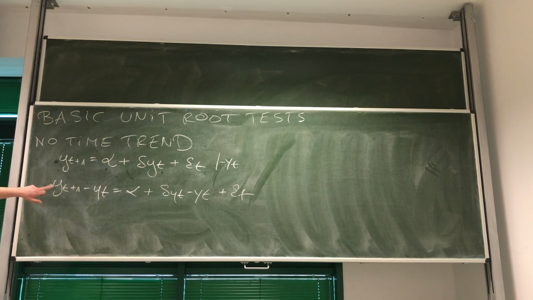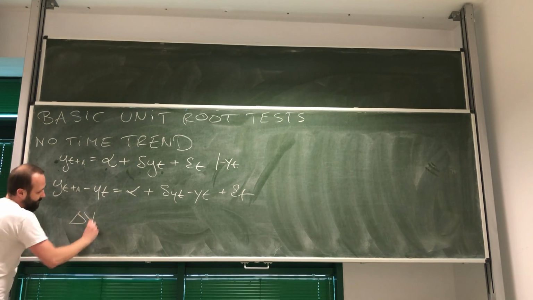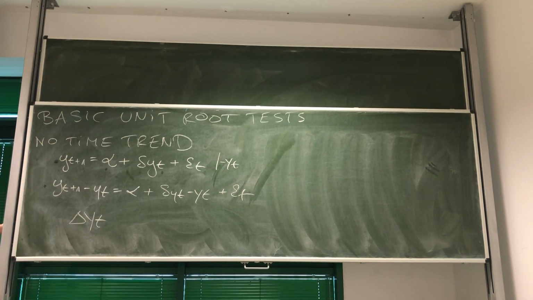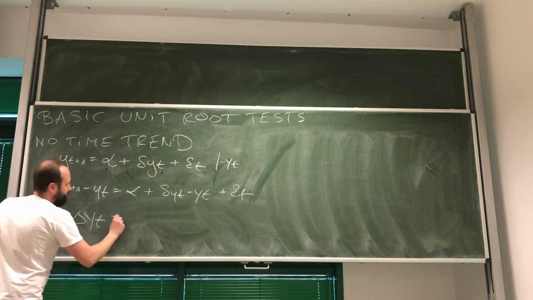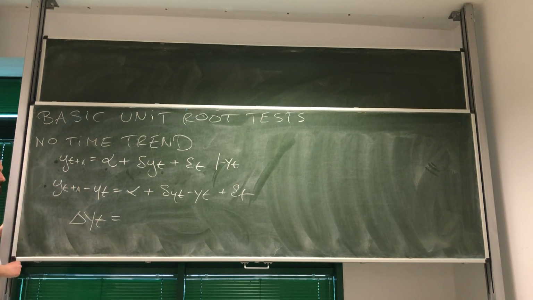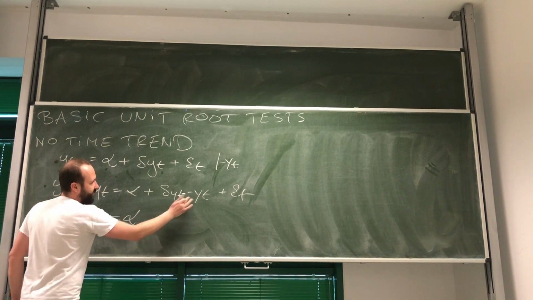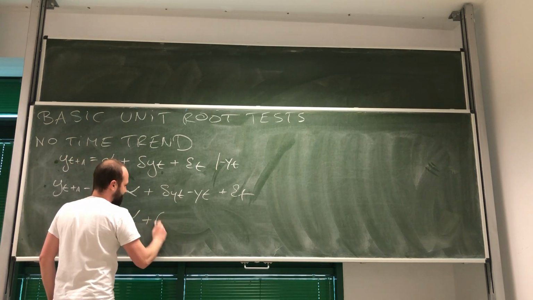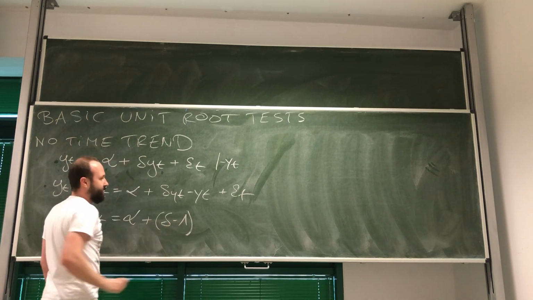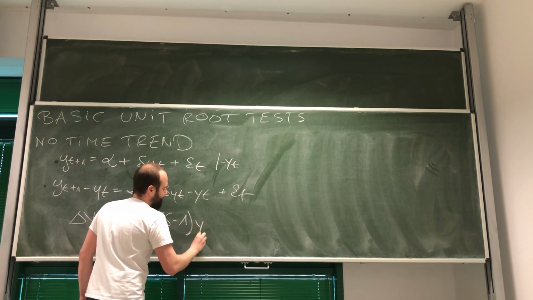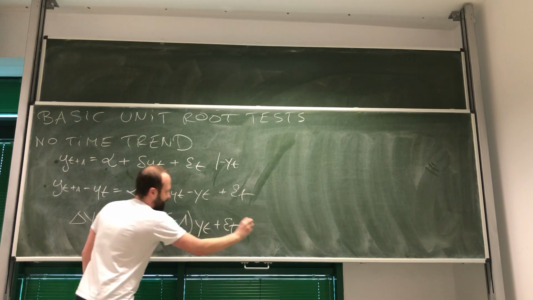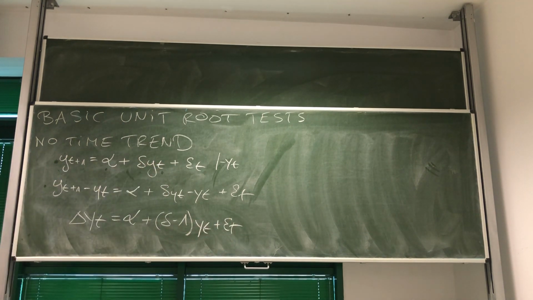I can easily replace the left side with simply delta y_t, and over here I will have alpha, taking the common part out, plus (delta minus 1) y_t plus error.